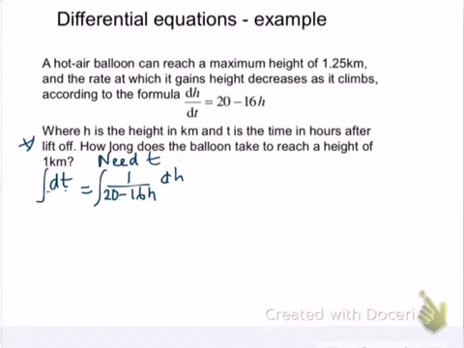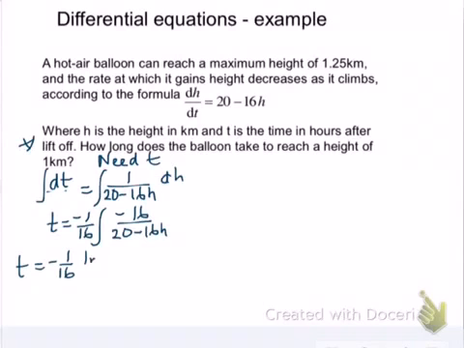Now if we look at the denominator here, I can see the derivative would be minus 16. So if I have minus 1/16 on the outside, then minus 16 on the inside, I can now integrate this quite easily. I can say that t equals minus 1/16 ln(20 minus 16h) plus a constant c.